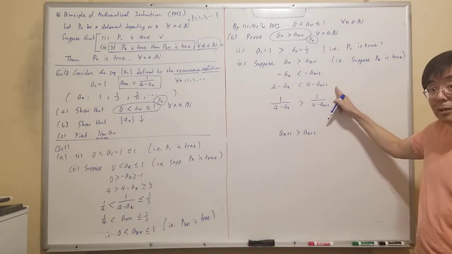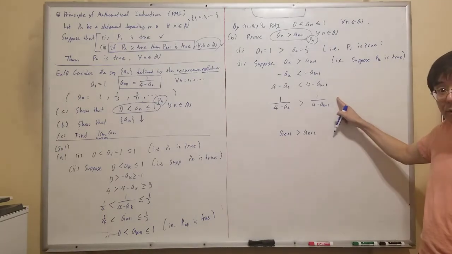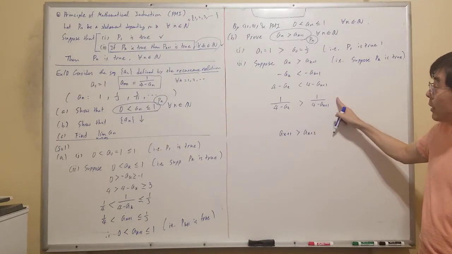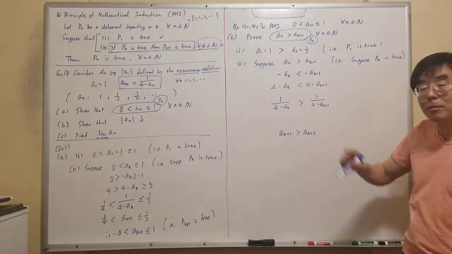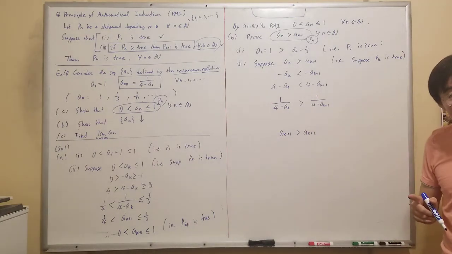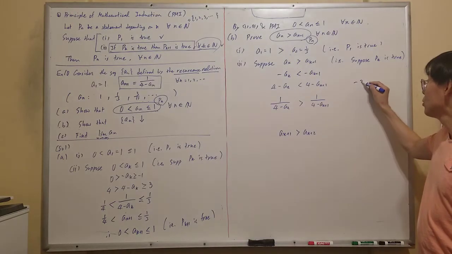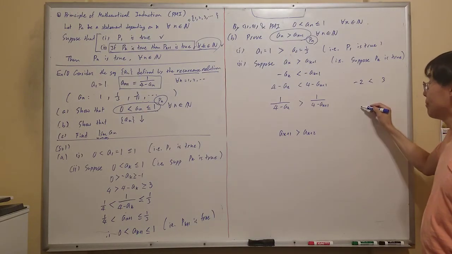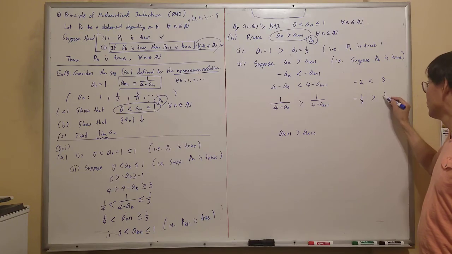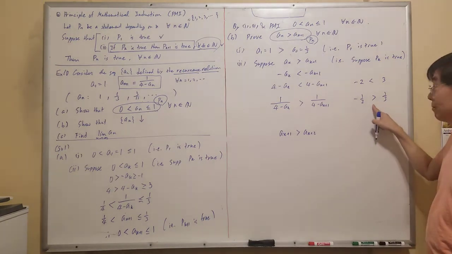Now, this one seems obvious, true. Well, if both of them are positive or both of them are negative, then they are true. But what if you have a minus 2 versus 3? Does it make flip?